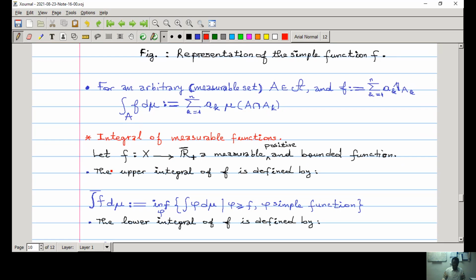That is exactly the same procedure here. We have a measurable function. We approximate it with constant functions which are measurable, I mean, which are what we call simple functions here.